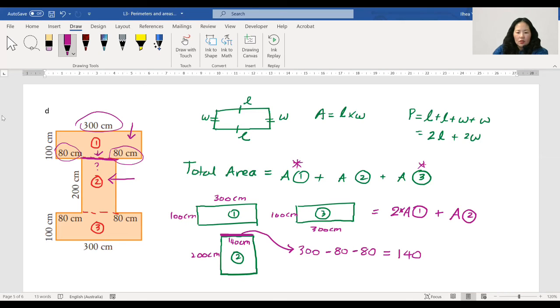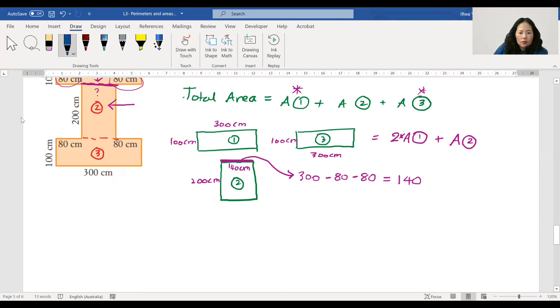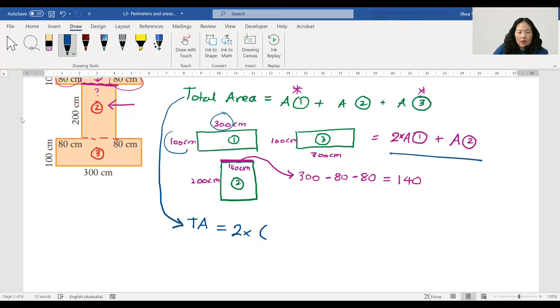Now, I've got all the information I need. I'm doing the total area right now. So total area equals 2 times area 1, which is 300 times 100, because length times width, because it's a rectangle.